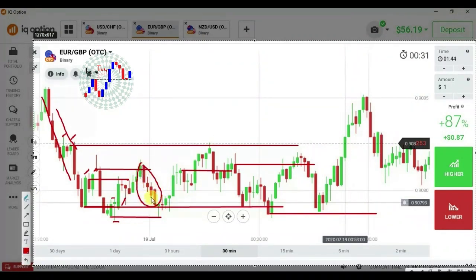You can see rejection, rejection, but this candle has no rejection, a very small rejection, but it got rejected from this level. Still there is a gap. That's the reason we can see sellers tried again to this level, but finally it got rejected by the buyers. So after this candle we can expect a buyer's entry.